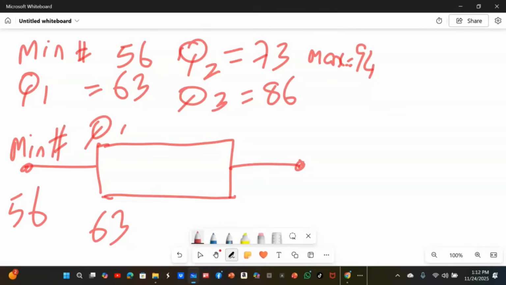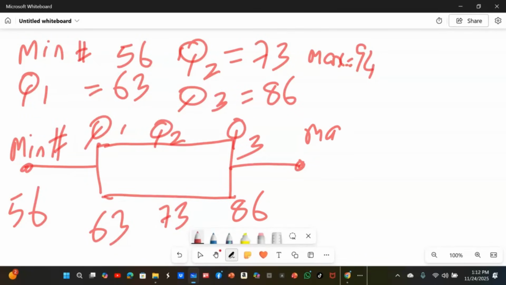The second quartile, which is Q2, is 73. The third quartile is 86. And the maximum number of that test is 94.